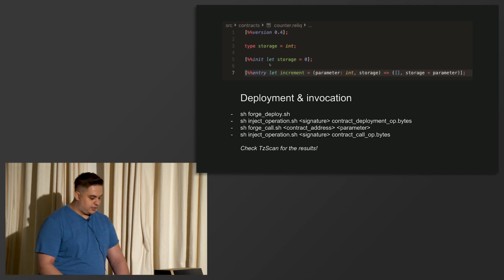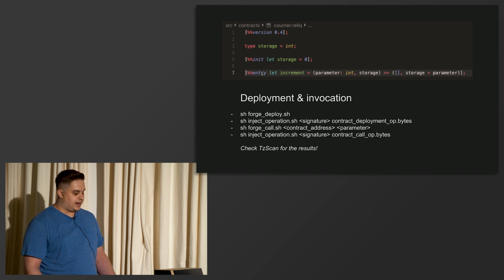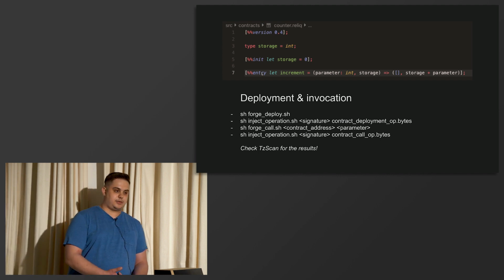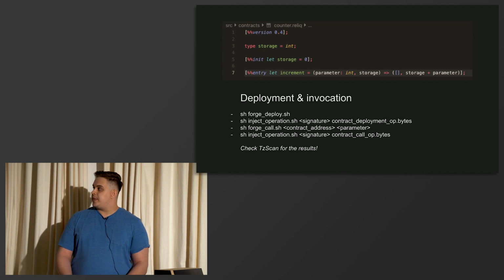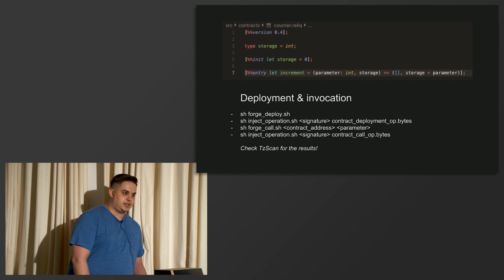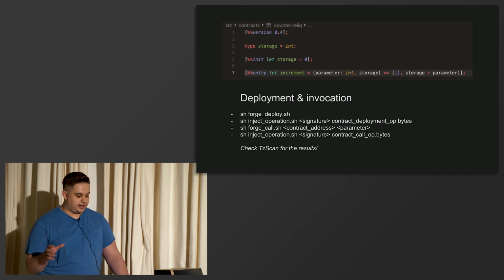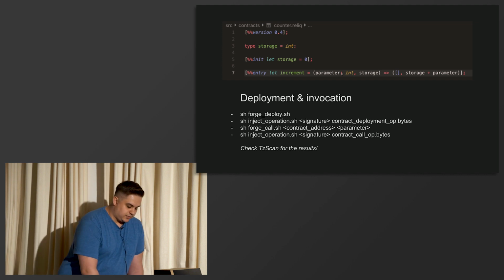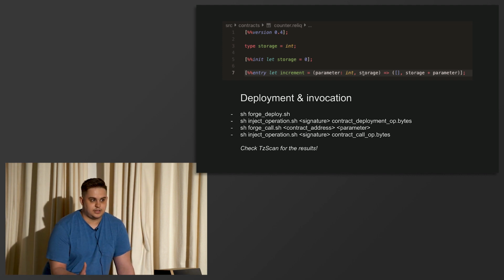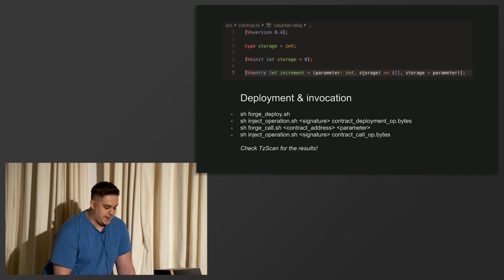Then, as I mentioned before, each contract has entry points, and this contract has a single entry point called increment. It accepts a single parameter, which is also an integer, which means that we can increment the storage by that given integer. It also receives the current storage of the contract as an argument.